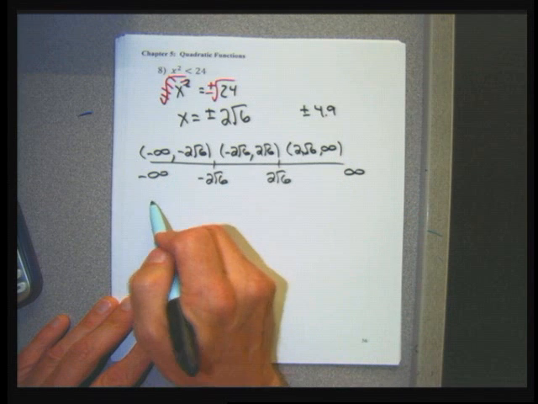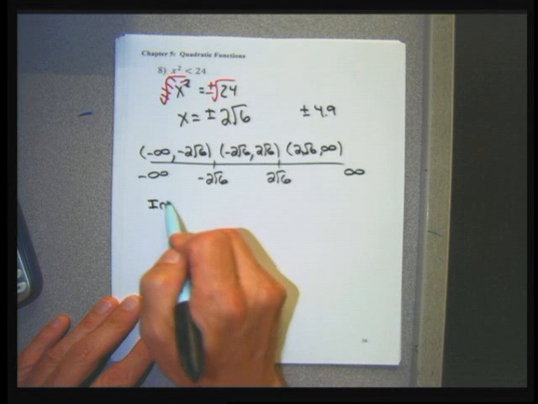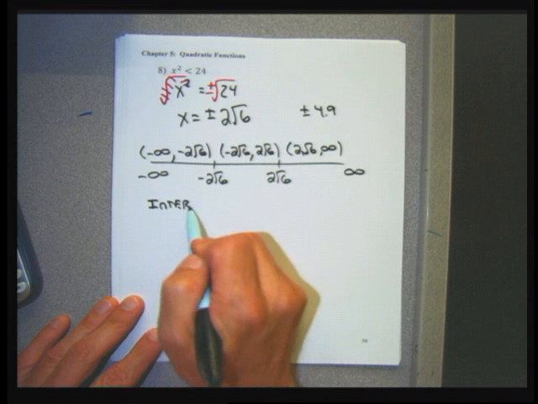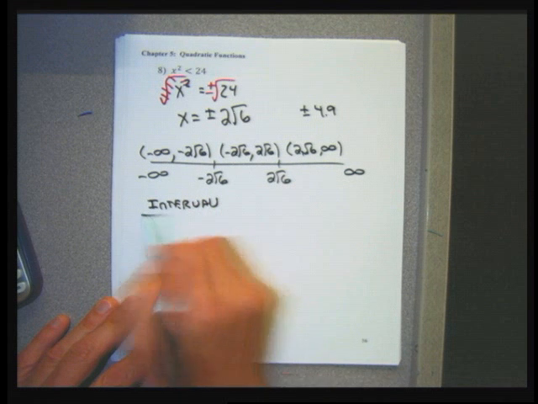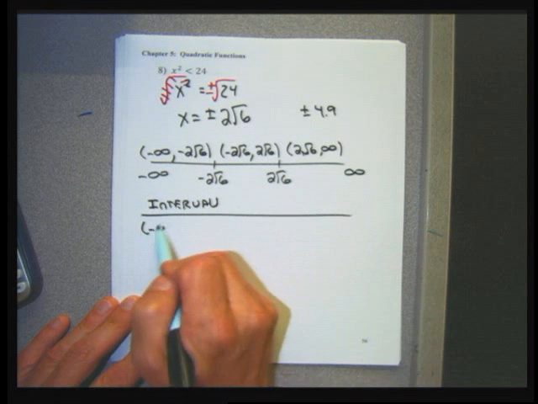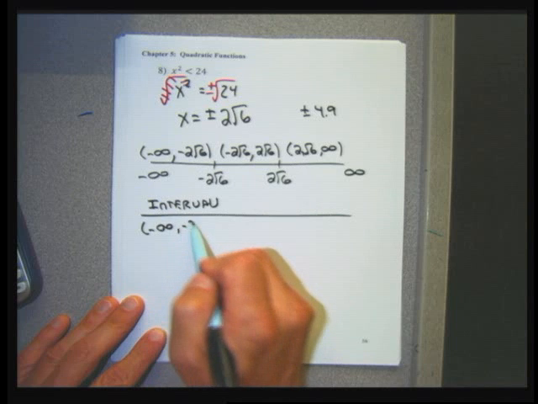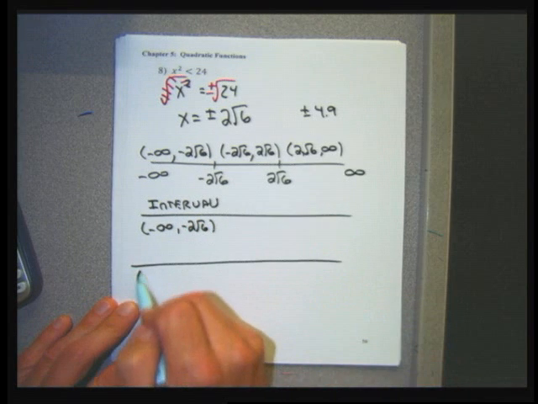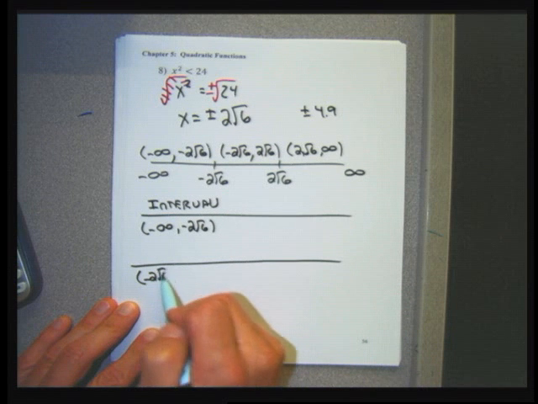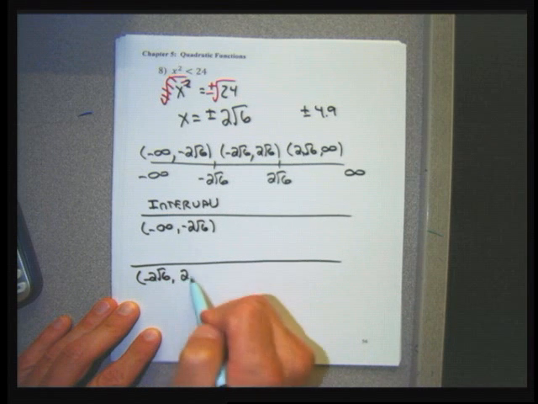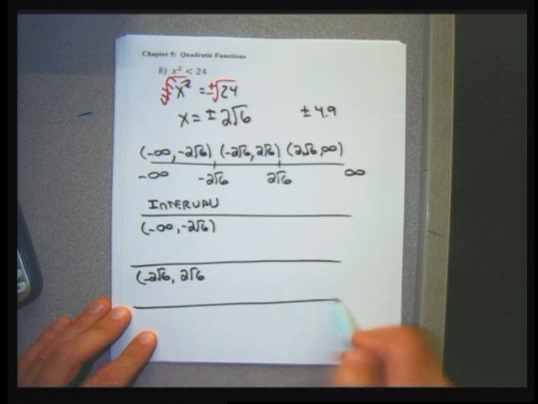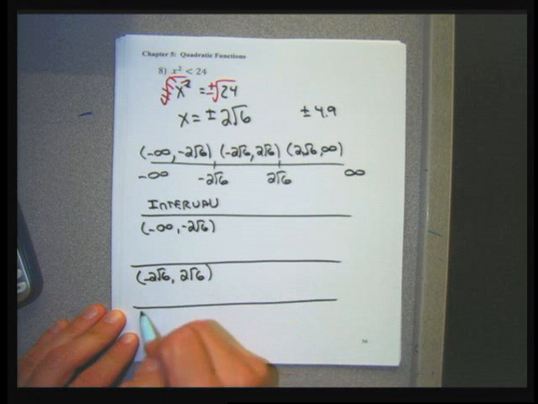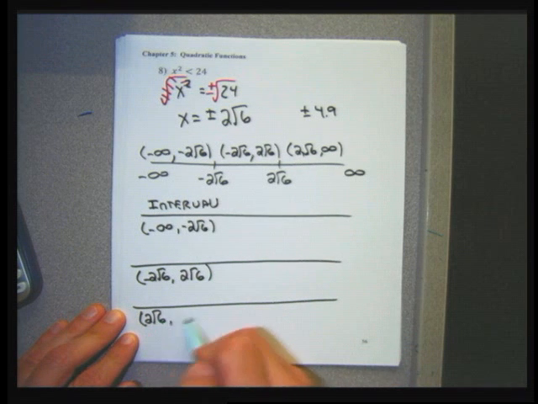Create my table. The intervals are going to be negative infinity to negative 2 square root of 6, and negative 2 square root of 6 to positive 2 square root of 6, and positive 2 square root of 6 comma infinity.